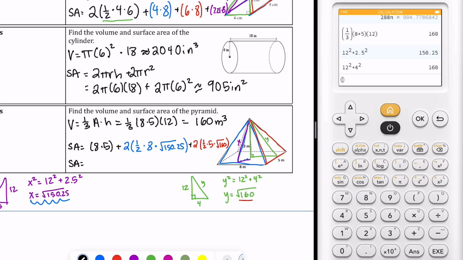Okay, so the base is 8 times 5. The blue triangles will be 2 times, I'll just do 0.5 times 8 times square root of 150.25, and then we also have plus 2 times 0.5 again, 1/2, times 5 times square root of 160.